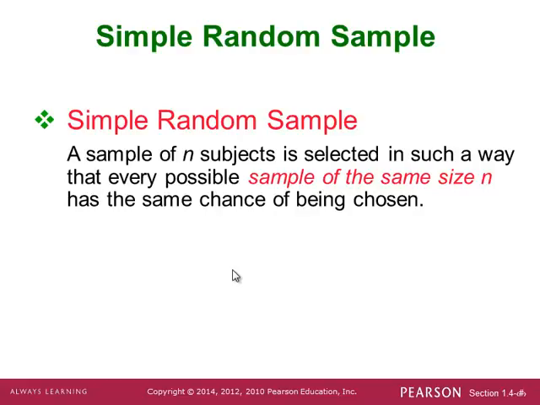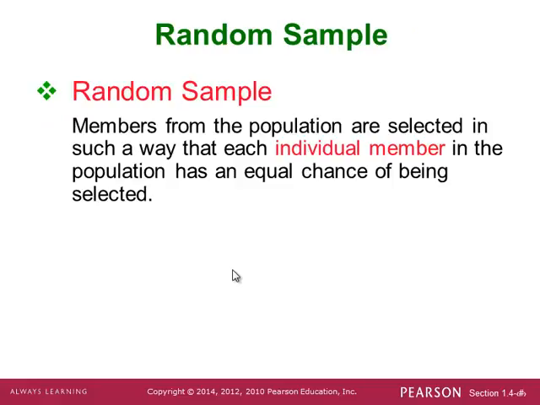And for that sample of size, say, 1,000 that you had just gotten, every other sample of that same size is just as likely. Just as likely. It's kind of a slippery sort of concept, but it's important statistically. Versus a random sample in which any one individual in your sample is just as likely to have been chosen as any other individual.